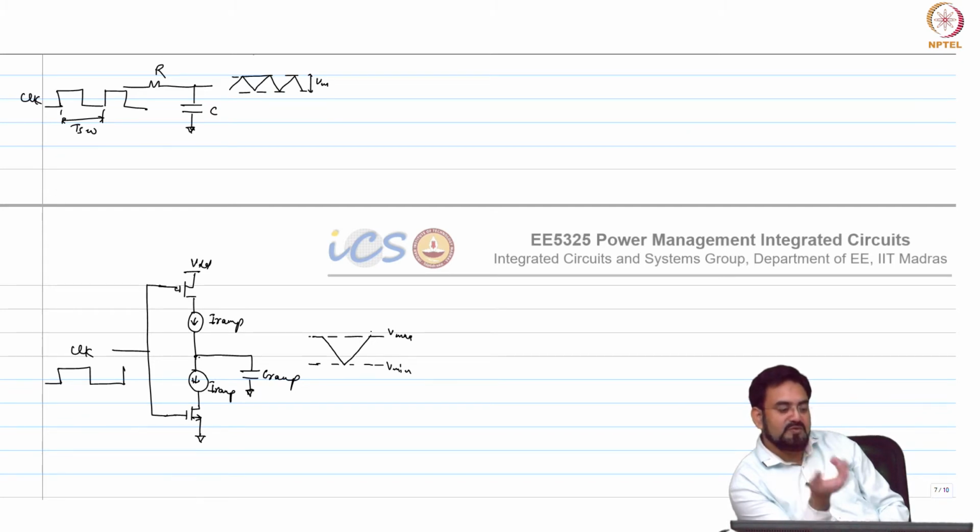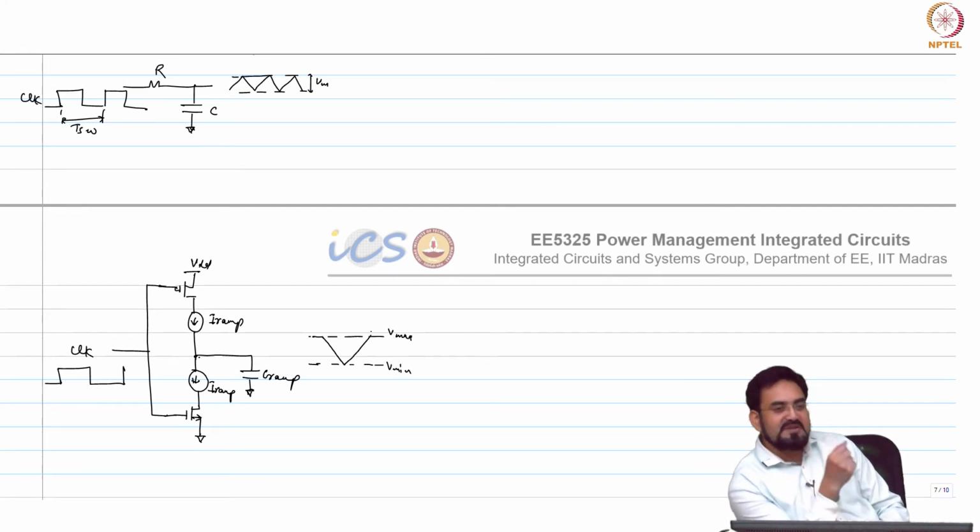Rise time fault. Who will define the rise fall here? Clock? No, clock is perfect 50% duty cycle. Your on and off time are perfectly matched. From 0 to VDD, the time taken transition. It should be in such a way such that either the top switch conducts or the bottom switch conducts. No, that's not a problem. The problem is the mismatch between the currents.